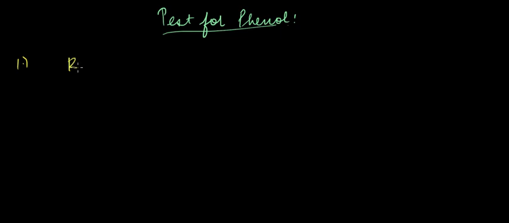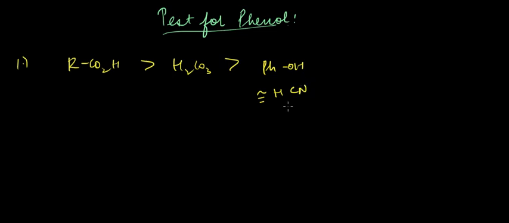So suppose we have RCO2H. It is actually more acidic than carbonic acid, which is actually more acidic than PhOH, which is similar to, and all these compounds have similar acidic strength, RNH3+, and we have this compound as well.